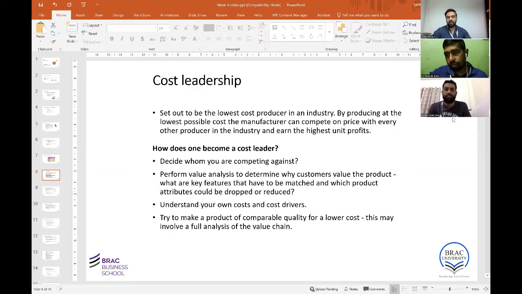But yes, their strategy is the lowest cost. BMW would never do that. Mercedes would never do that. Or Lexus. Lexus is a brand of Toyota. But other brands don't do that. Their strategy is different. But if we consider Toyota, yeah, Toyota could be a good example because they want to compete with others with cost.